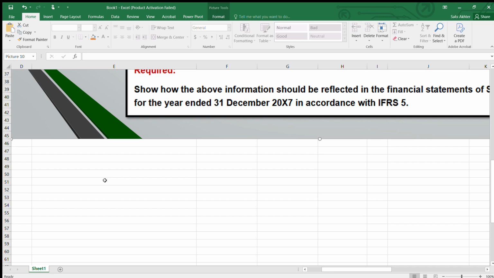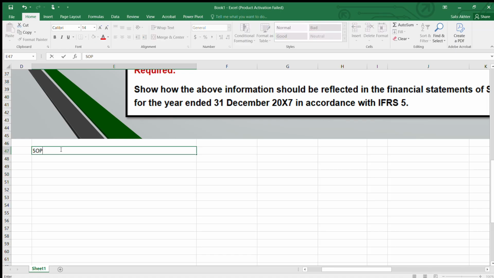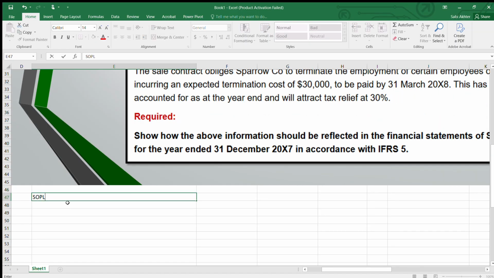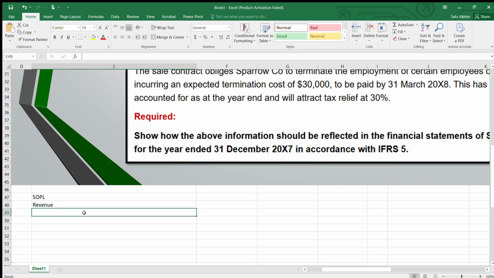So let us draw the statement of profit and loss. First, let's start with the revenue. Then we'll be having the expenses.